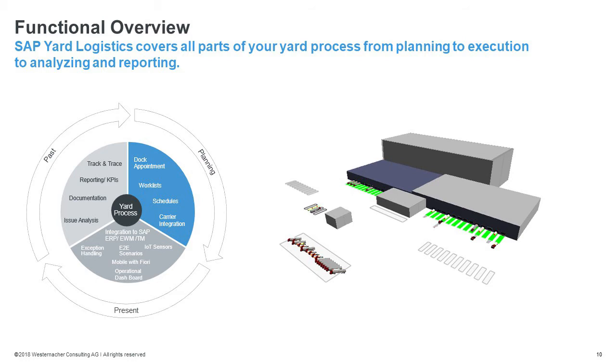Appointments can mean I book an appointment at the door, I book an appointment at the silo, or even I book an appointment for some specific tasks such as cleaning, repairs, or also, for example, a trailer checker that needs to be planned upfront. Also, I have the possibility to work with work lists so that I see what is coming to my yard.